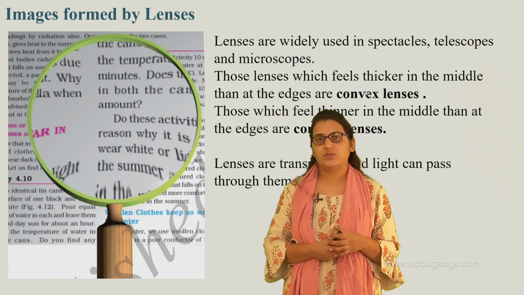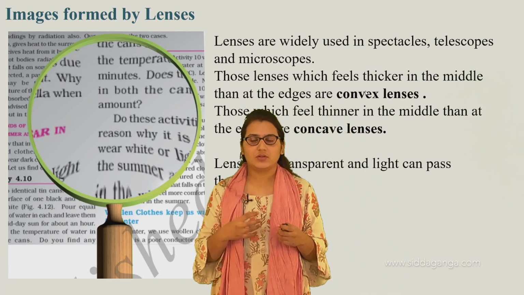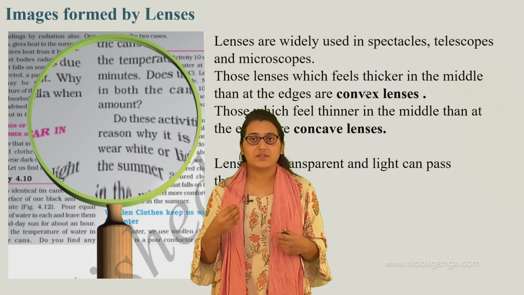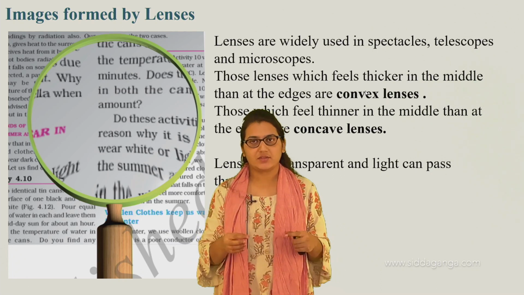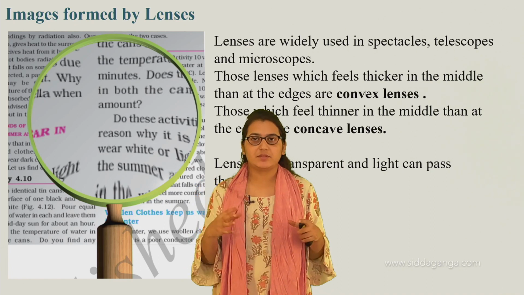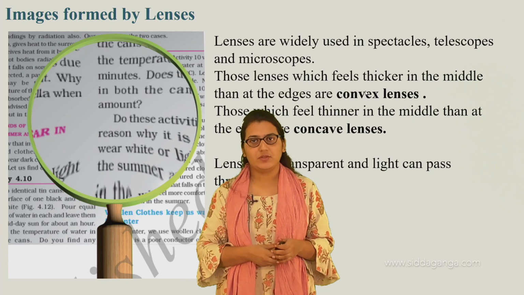What do you use a microscope for? To look at objects which are not seen clearly by the naked eye. So it magnifies the images. These lenses magnify the images, which means they enlarge them so that we can have a clear view of the object.